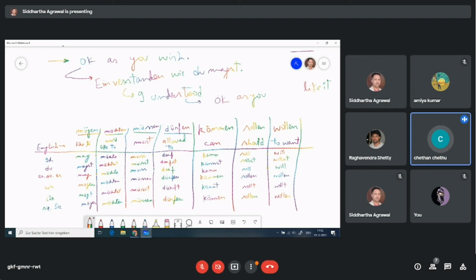But here again for the wish, we are replacing with "möchtest," so that means like to.